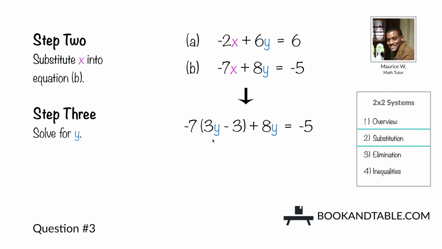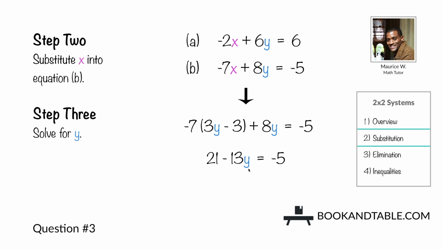Negative 7 times 3y would be equal to negative 21y. And negative 7 times negative 3 would be positive 21. Plus 8y is equal to negative 5. We can combine the like terms, negative 21y and positive 8y, which would give us negative 13y.